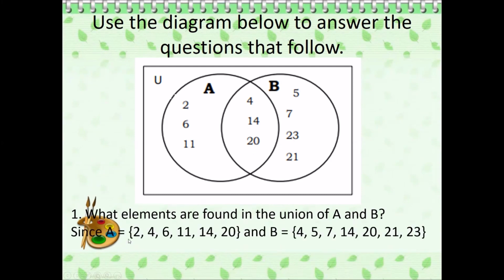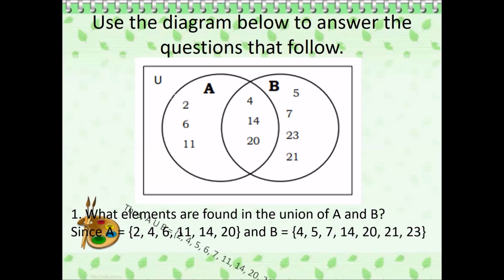Since set A has the elements 2, 4, 6, 11, 14, 20, and set B has the elements 4, 5, 7, 14, 20, 21, and 23, combine all elements in both set A and set B and write each once.